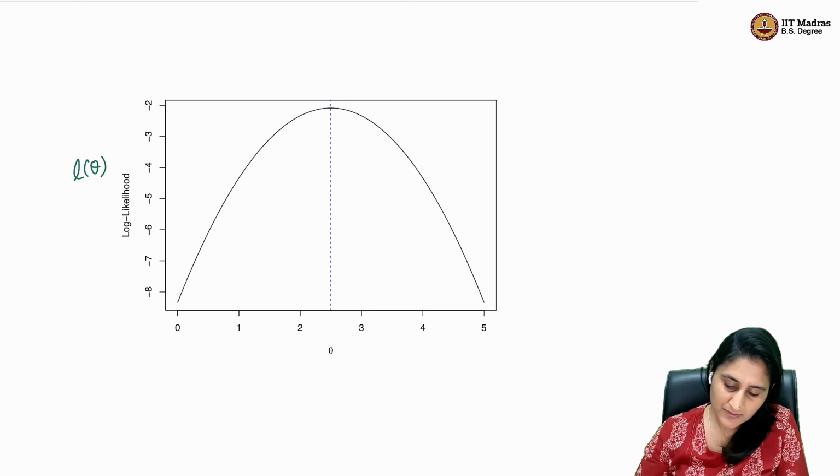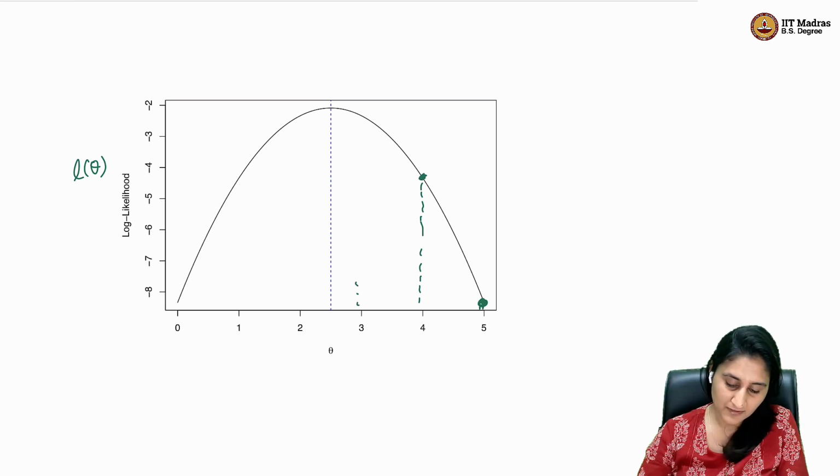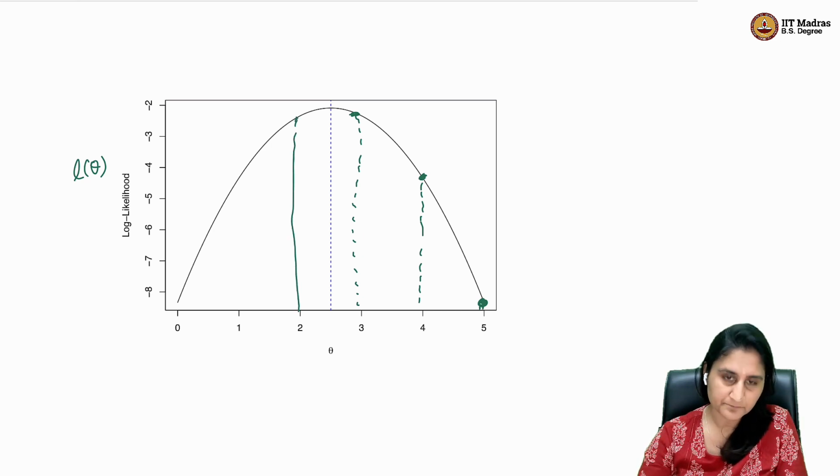And so as you can see, theta equals 5 is given a very small likelihood over here. It's not a big likelihood. Okay, theta equals 5 is not as likely. For example, theta equals 4 is much more likely. And actually, theta equals 3 is much more likely because we observed data 2 and 3. And similarly, theta equals 2 is quite likely as well.